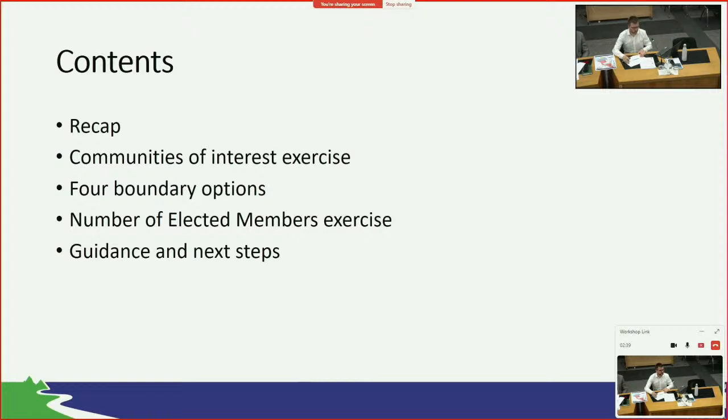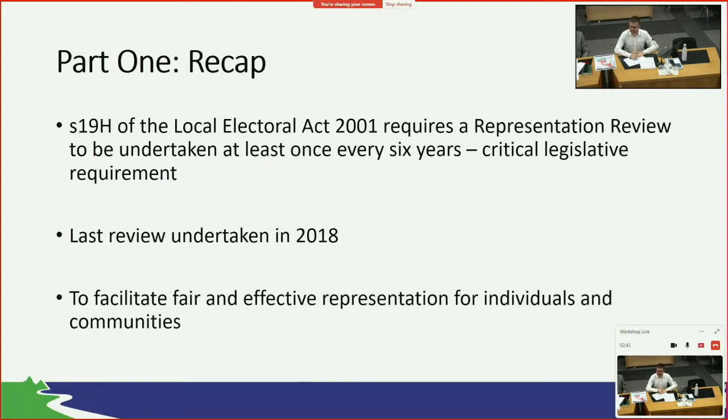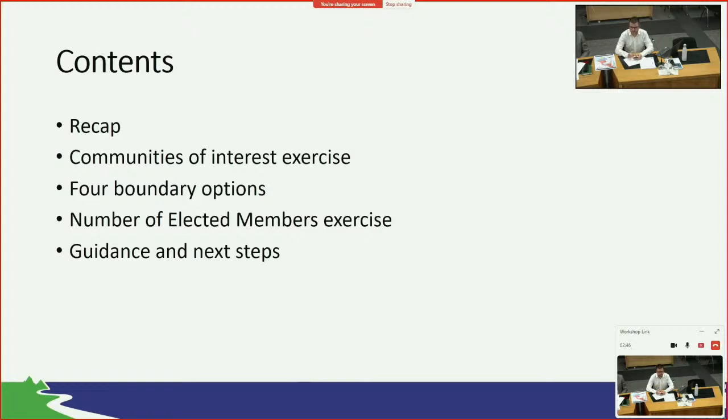So this is the third workshop that councillors have had on the representation review. The intention of today is to firstly provide an opportunity to recap where we're at and where we're going. Secondly, we want to undertake a communities of interest exercise with you.